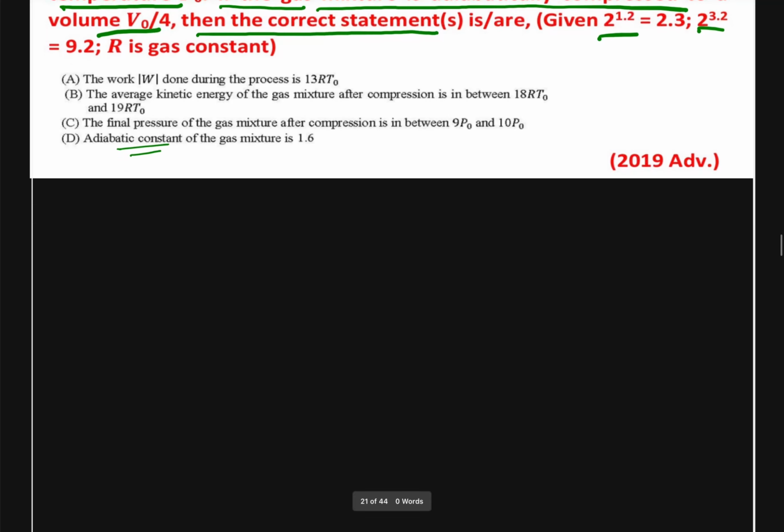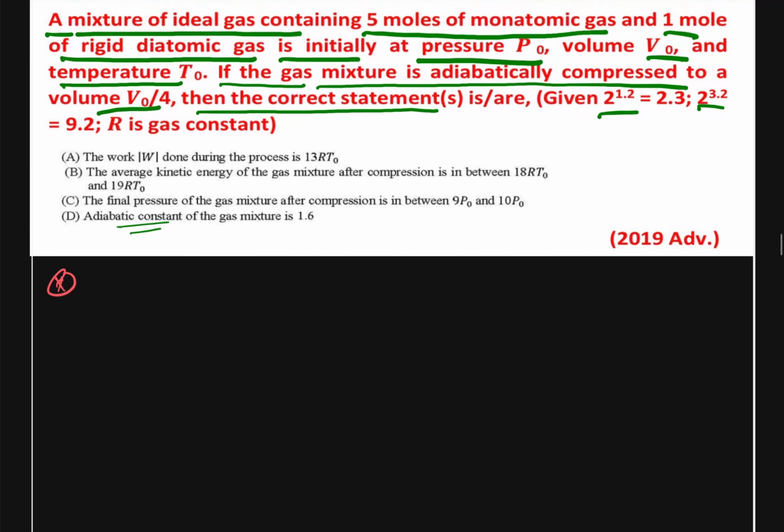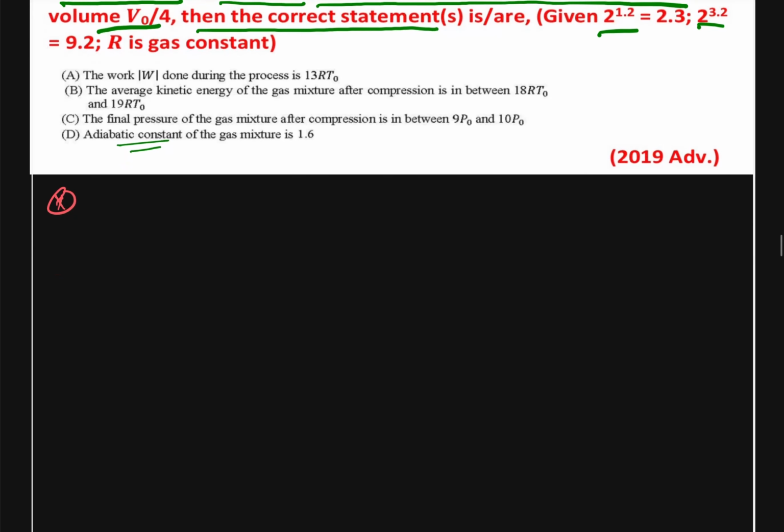So let us start with our adiabatic constant. So here we have to find out the adiabatic constant for the mixture.